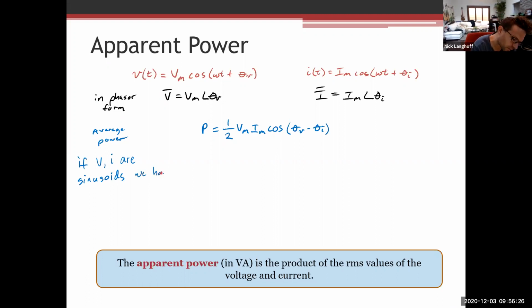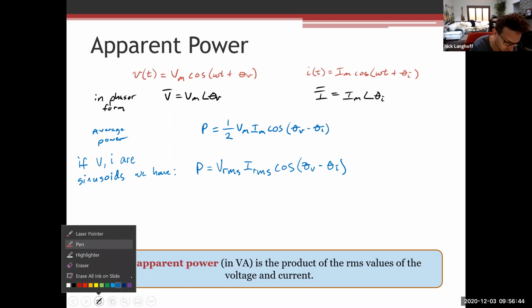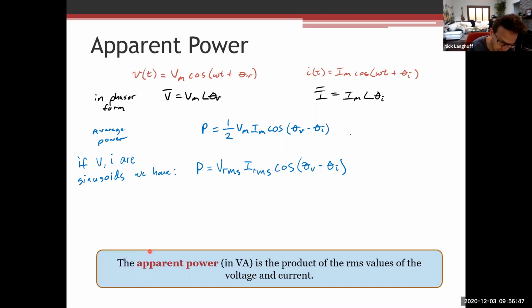we can write P as V RMS times I RMS times the cosine of the phase angle between them. How did I write that as VRMS and IRMS? A gentle reminder from the last slide: we could factor out this 1/2 and write it as 1/√2 times 1/√2.